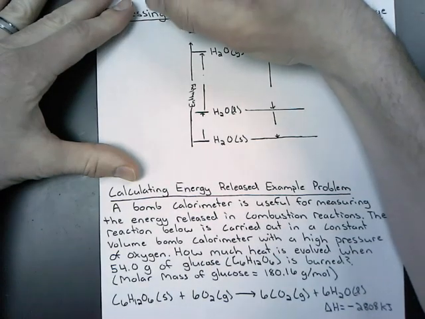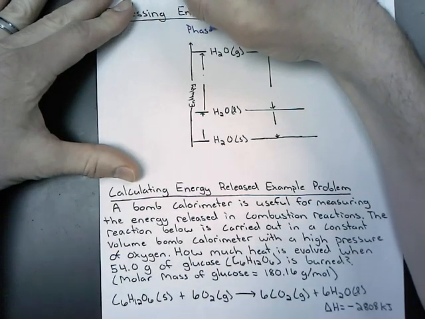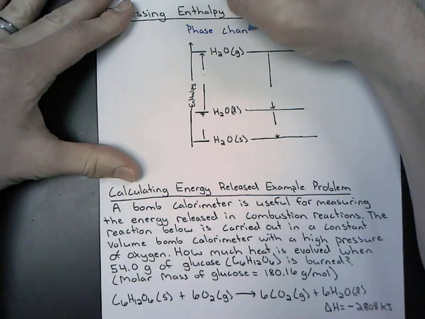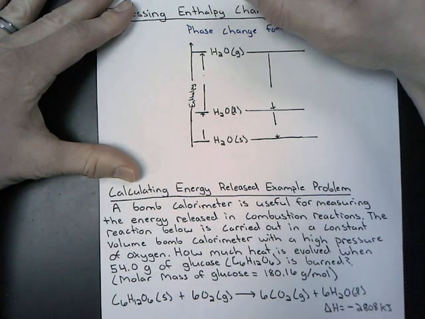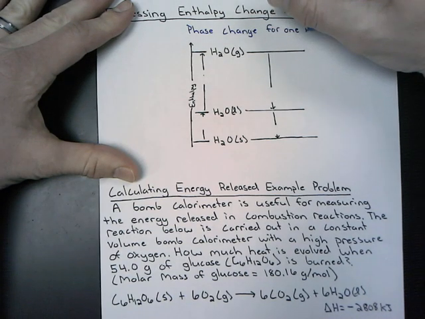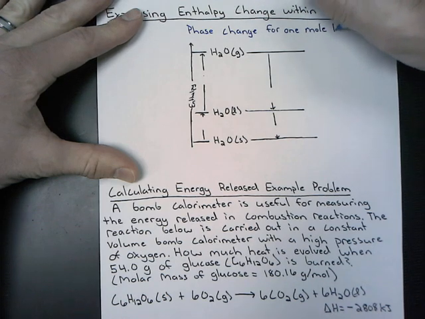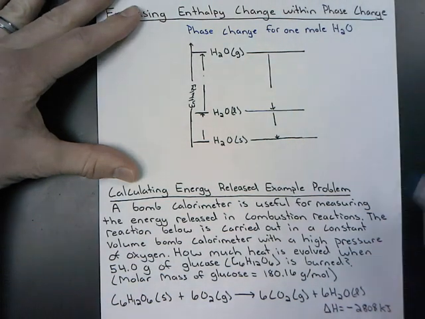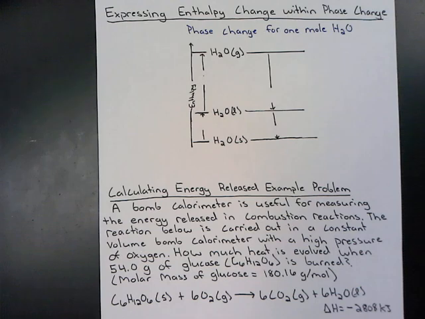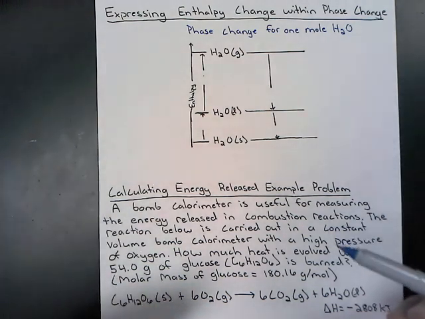So this is the phase change for 1 mole H2O. And so as 1 mole of H2O goes through this process, there is either going to be heat added to or taken away from water.